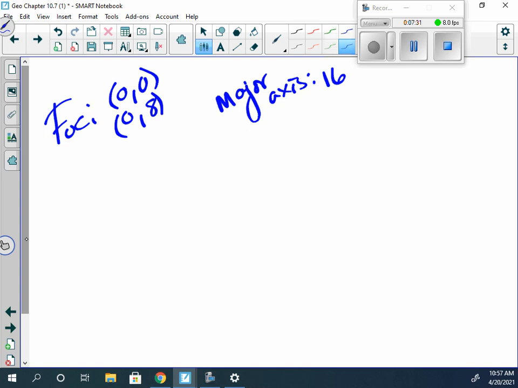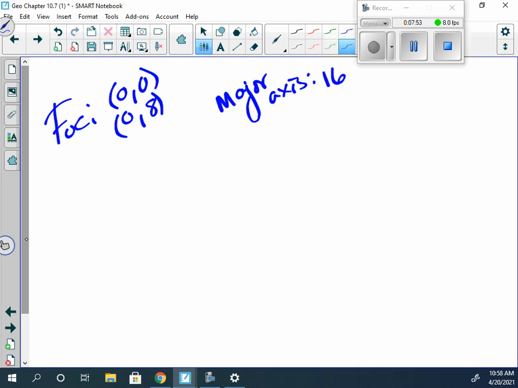So we're given the foci and the major axis length, which are on the same line. Because again, in our picture, C is just from the center of the ellipse to the foci. And the major axis length is the line that goes through both foci to the vertices from the center.